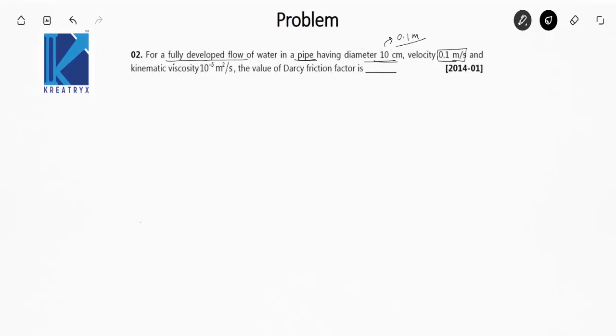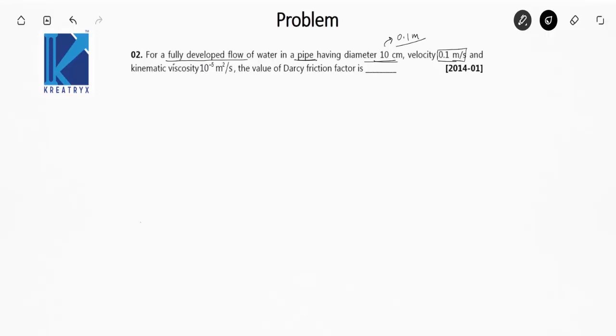The value of Darcy's friction factor is, okay, so for this, firstly we have to check whether the flow is laminar or turbulent, because for laminar the Darcy's friction factor formula will be different, and for turbulent the formula will be different.